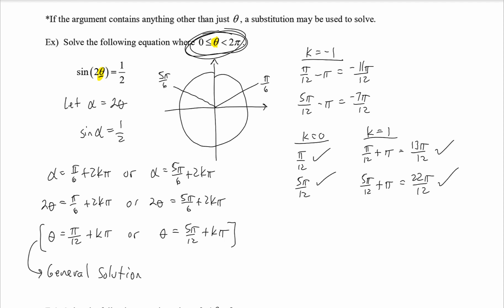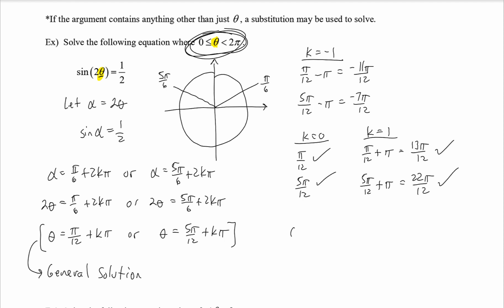Ooh, that's less than 2 pi. Now, I don't need to plug in k equals 2. That'll just be a dead end because I would already be adding 2 pi to a number, so I would be bigger than 2 pi. So I don't need to mess with that.